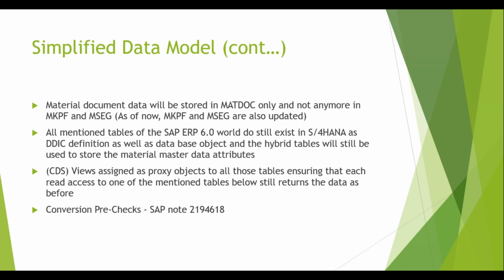Right? So CDS views are assigned as proxy objects to all those tables, ensuring that each read access, the same thing we discussed, to one of the mentioned tables still returns the same data as before. No need to worry about this conversion pre-check. We'll talk about it when we discuss the conversion process. So, key takeaways: MKPF and MSEG are still available, although in the documentation you'll find they are no longer available.